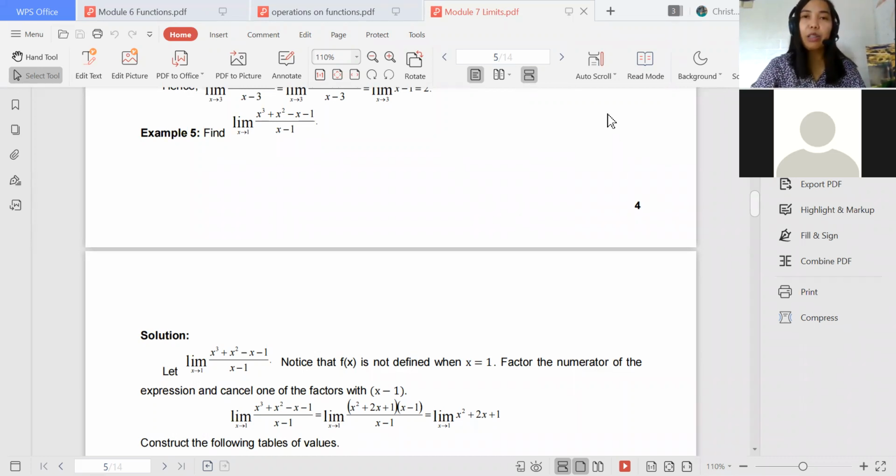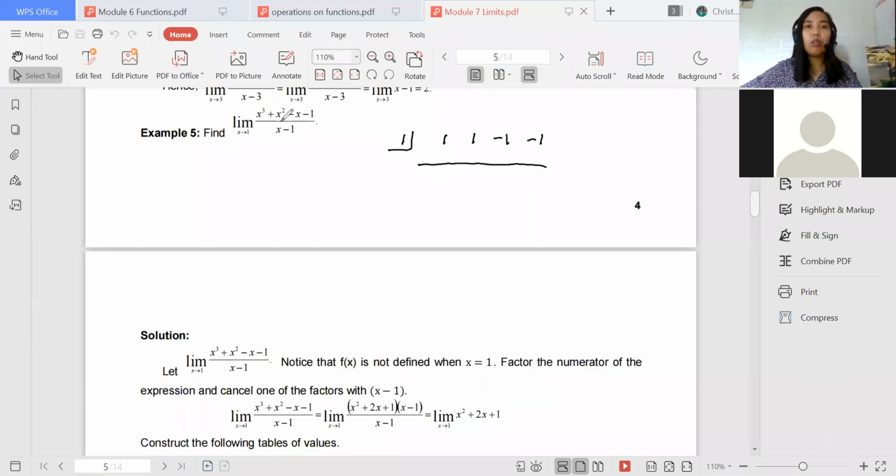Yung gagawin natin, kunin natin ang numerical coefficient. Make sure that the given polynomial is in standard form. Synthetic division. So we'll have 1, 1, negative 1, negative 1.